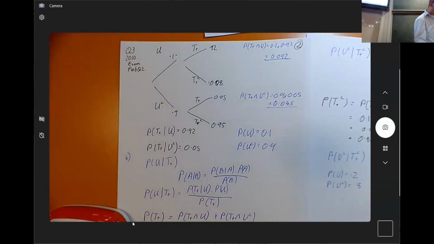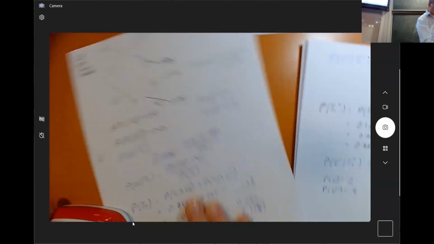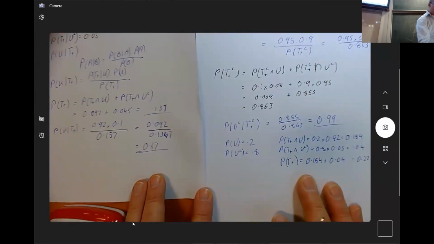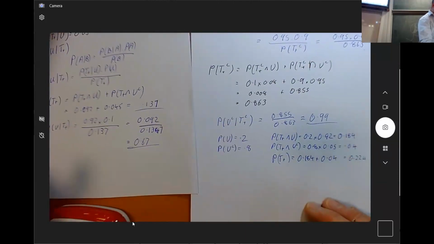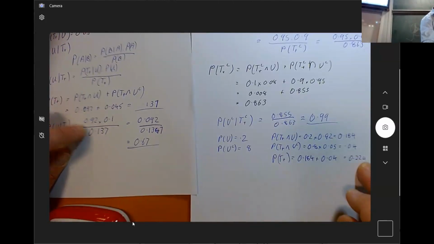Now when we use that value in here, following what we did before, this value is the new denominator.